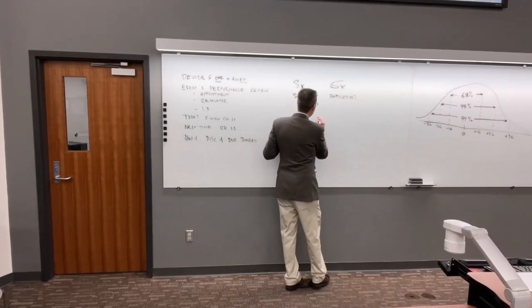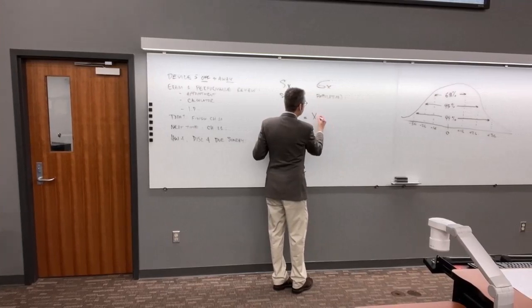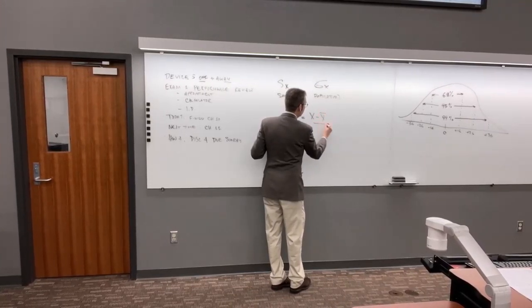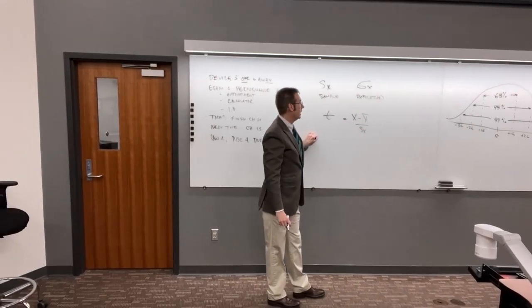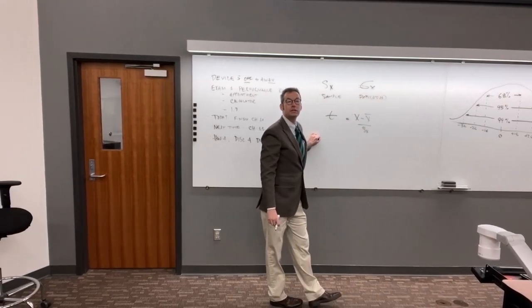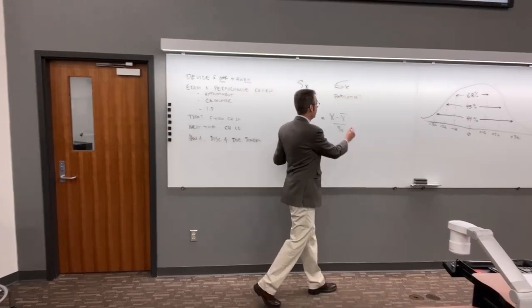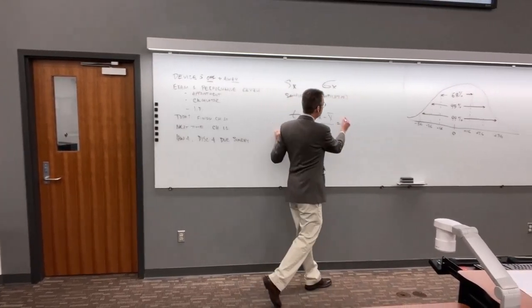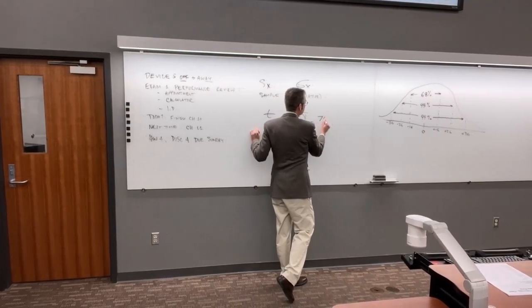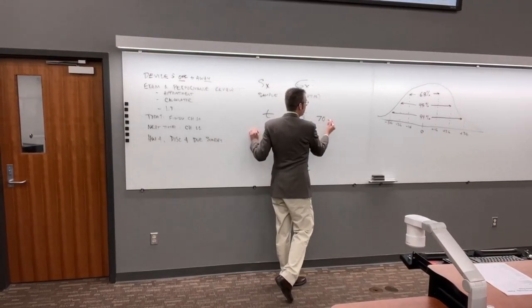And it's going to be equal to X minus X bar divided by S sub X. Now, X is the point on the distribution you're looking at. And I asked you what percentage of people were below 70. So in this case, 70 would be X. And then I'm going to subtract X bar.